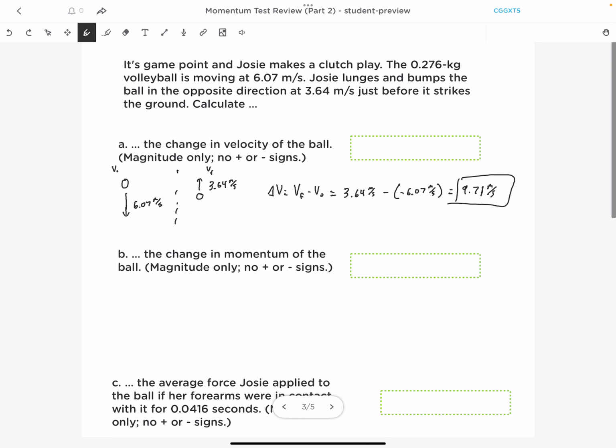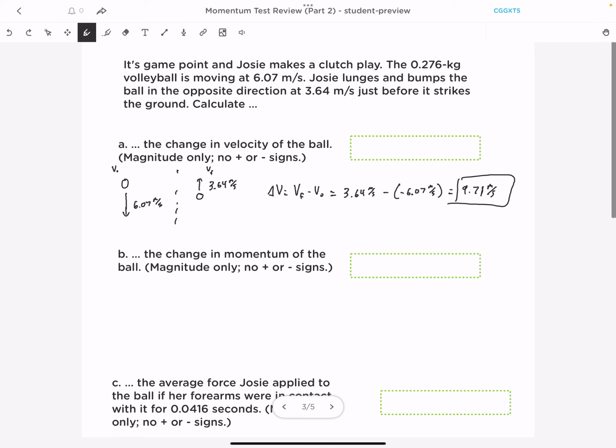And I think an easy way to think about bouncing is, why is the change of velocity so large? One way to think about it is that there are two parts. During the first part of the motion, the ball goes from 6.07 meters per second to 0. The ball's moving downward, and it has to slow down to a velocity of 0 before it begins to move upward.